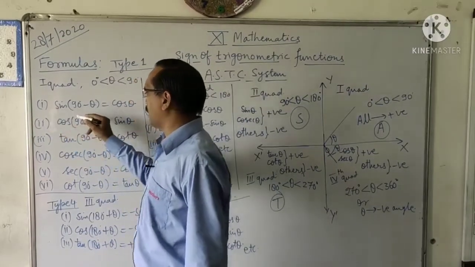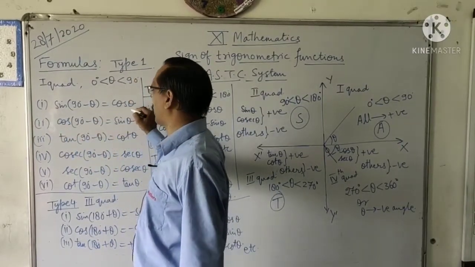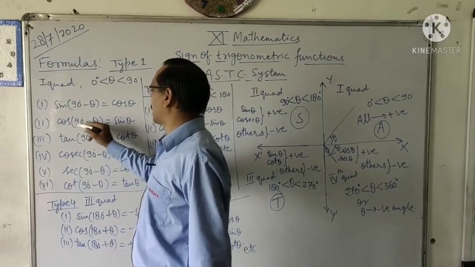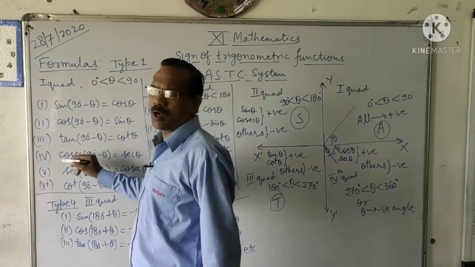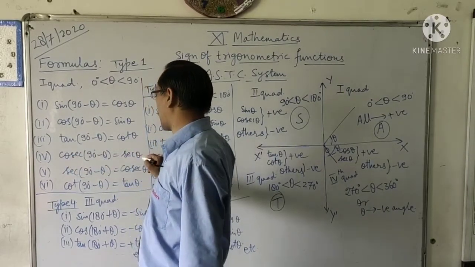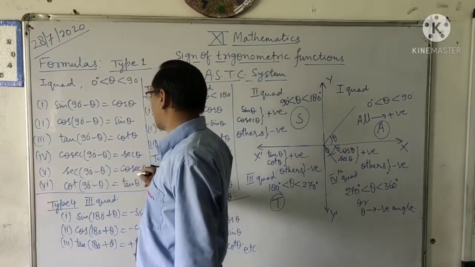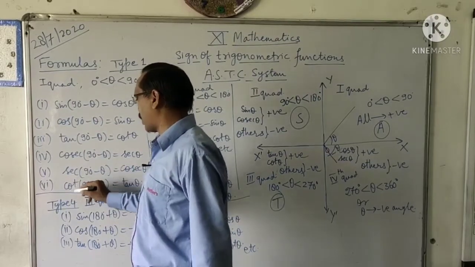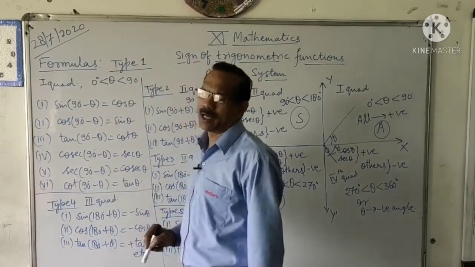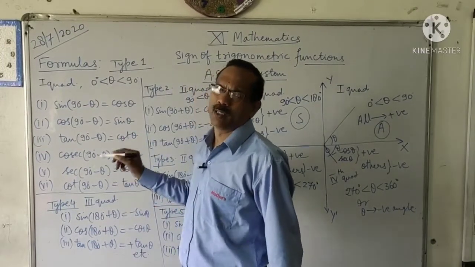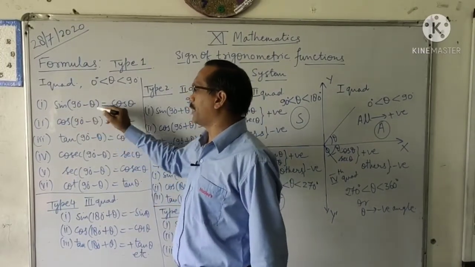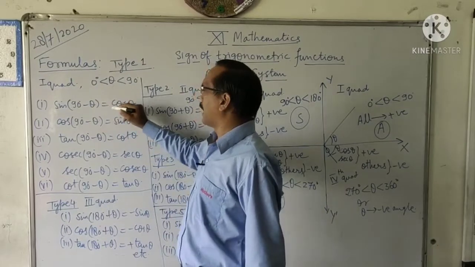Formula number 1, sin(90 minus theta) equal to cos theta. Cos(90 minus theta) equal to sin theta. Tan(90 minus theta) equal to cot theta. Cosec(90 minus theta) equal to sec theta. Sec(90 minus theta) equal to cosec theta. And cot(90 minus theta) equal to tan theta. Students, you have also learned this formula in 10th standard.